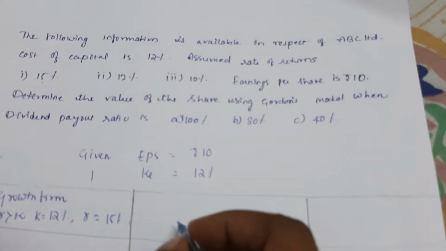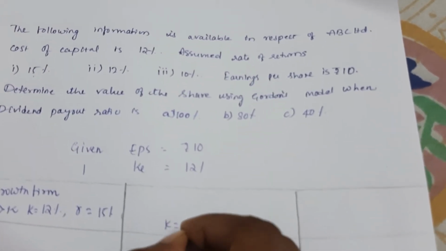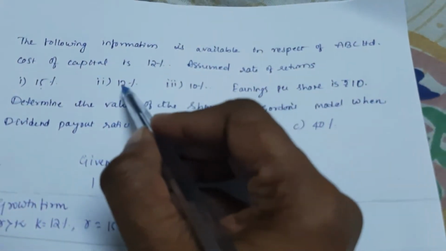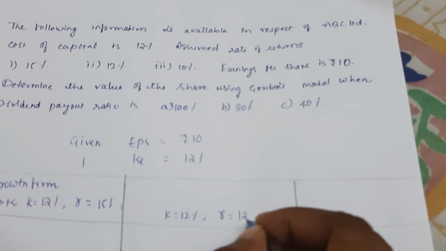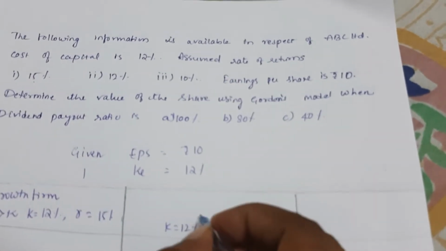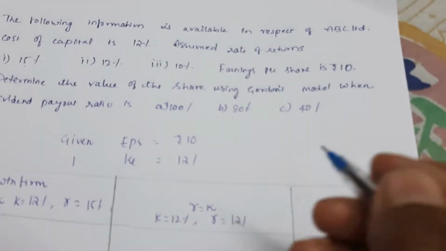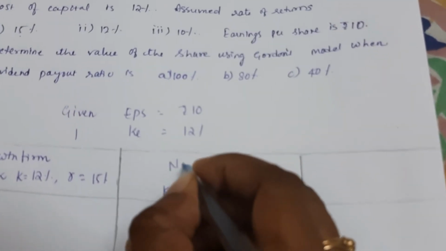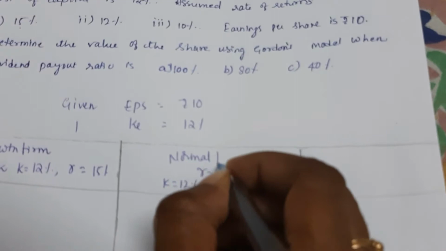Then K is 12% and R is 12%, which means that R equals K, and this situation can be considered as a normal firm situation.